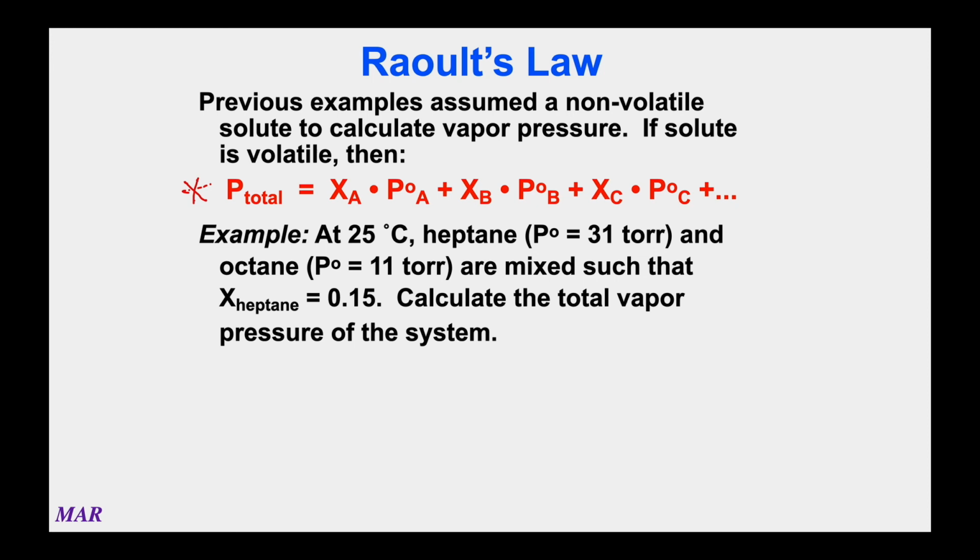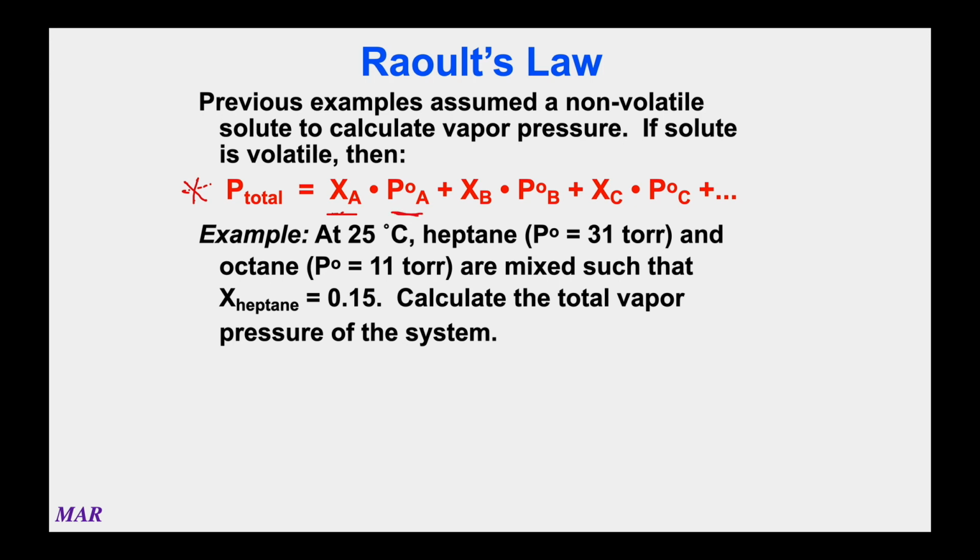So those are the P0 values, those are the vapor pressures for pure heptane and for pure octane. And let's say that we mix heptane and octane together such that the mole fraction of heptane is 0.15. We can use this information to calculate the total vapor pressure of the system. So the mole fraction of heptane, X sub A, we would multiply by the vapor pressure of pure heptane.